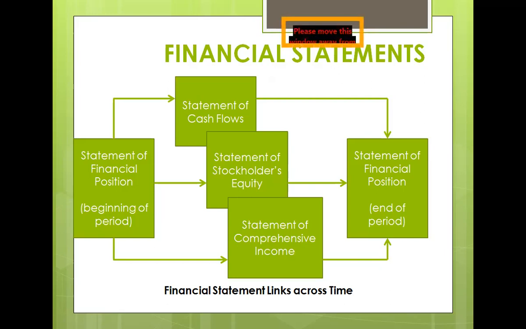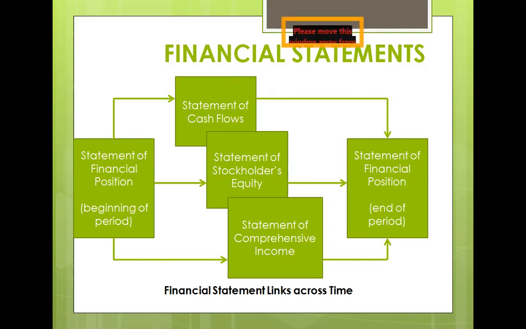The statement of comprehensive income, the statement of stockholders' equity, and the statement of cash flows report on performance over a period of time, while the statement of financial position is at a point in time.